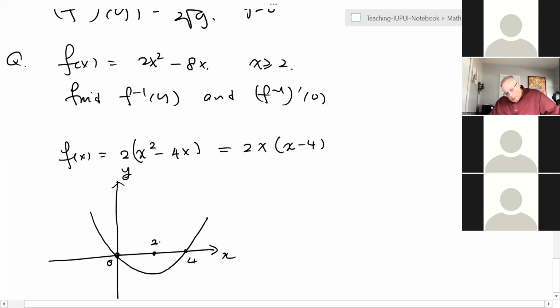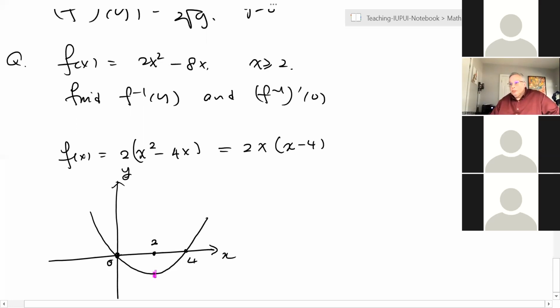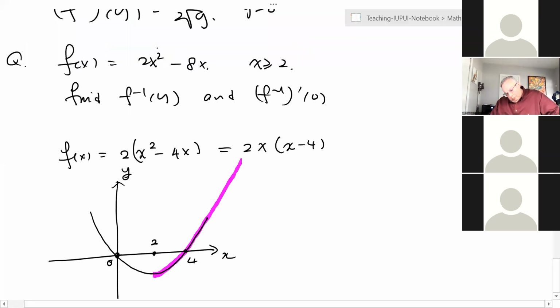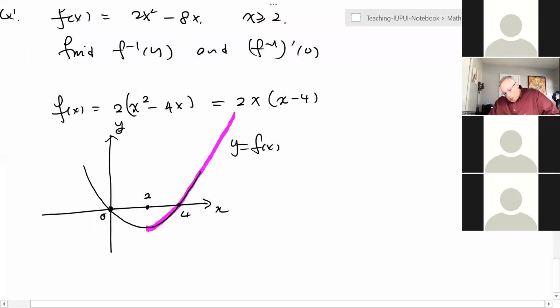When x is greater than 2, I'm talking about this piece of graph. So this is a graph of the function y equals f of x, right? It's increasing.